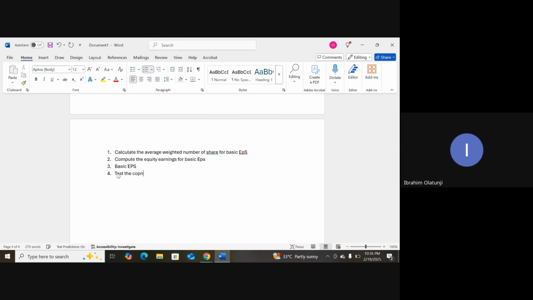Number 4 is now to test for convertible stock. The way you can test for convertible stock is by using what is called the incremental EPS formula. That is where you can test for convertible stock.